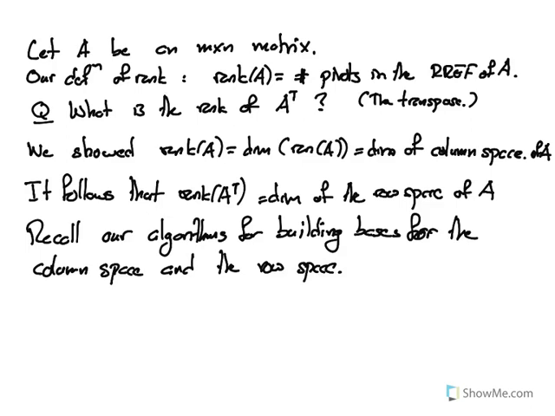And the point is that they both result in a basis that has exactly as many elements as there are pivots in the RREF of A.